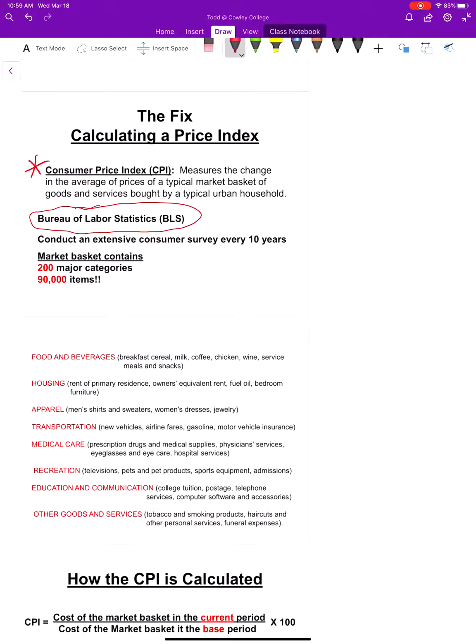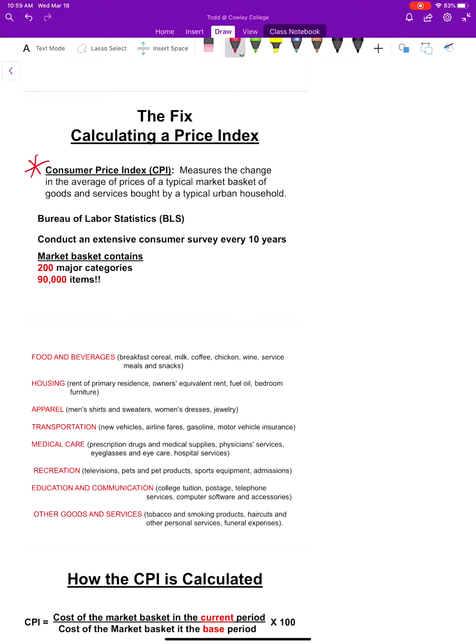The Bureau of Labor Statistics is a subgroup of the Department of Labor, and we're going to be hearing about them several times throughout the course, not only when talking about prices, but also unemployment. They are very, very busy people.